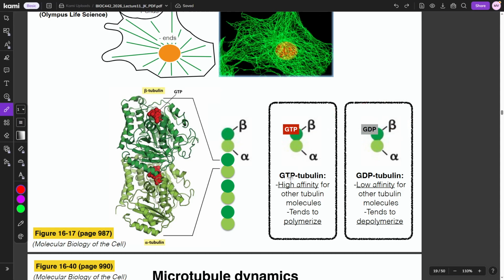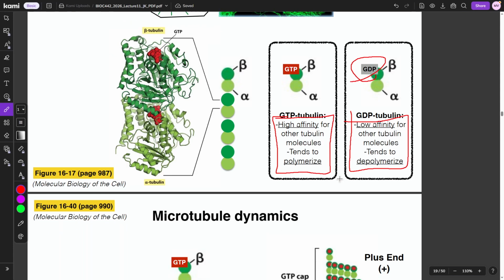In the GTP bound form, it has a high affinity for other tubulin molecules, and so it causes polymerization. When it's in the GDP form, so when the GTP is hydrolyzed, it has a low affinity for other tubulin molecules and tends to depolymerize. So when GDP is present, depolymerize, and when GTP is present, polymerize.